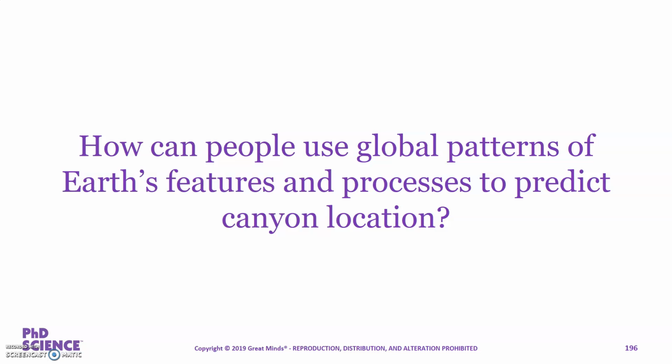So how can we use global patterns of Earth features and processes to predict canyon location? Like we said just a minute ago, it looks like canyons are found near mountains, and where you find mountains, a lot of times you also find volcanoes and definitely earthquakes. So they're all located in similar places around the world.